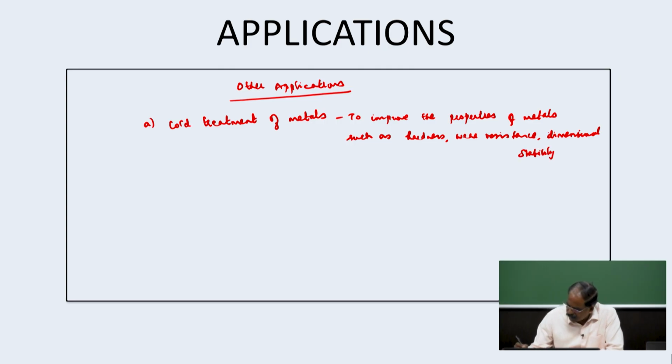Normally this is done at a temperature of say -80 degrees centigrade to -85 degrees centigrade. The metal will be soaked, a soaking process will be taking place. So this is about cold treatment of metals.